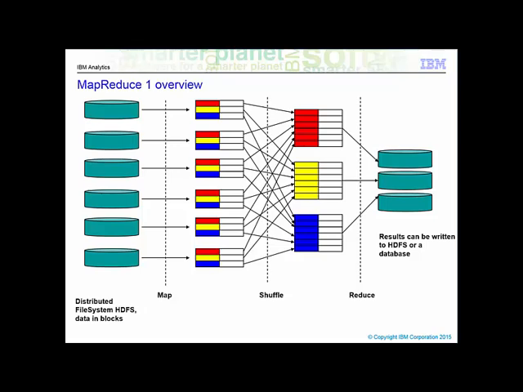The files exchanged here are not replicated and are temporarily stored local to the mapper node. The reducers produce the output, and that output is stored in HDFS, one file for each reducer, and it's replicated.